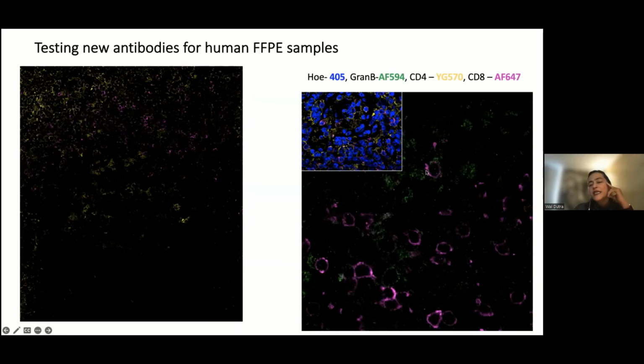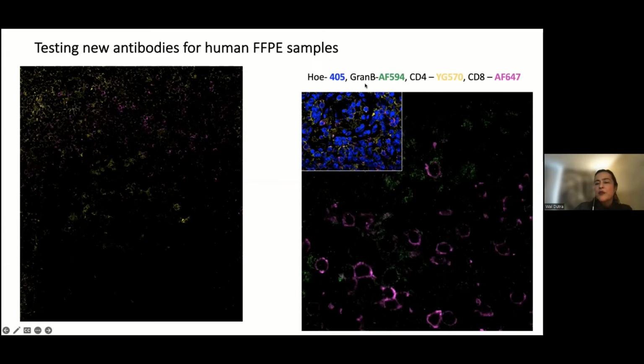So you can see CD8 cells that are positive for granzyme, but you can see cells that do not stain for CD8, but that will stain for granzyme. This one is right here, showing that this is a different cell type. In this case here, it's a CD4 positive cell, so it's pretty cool to be able to see.